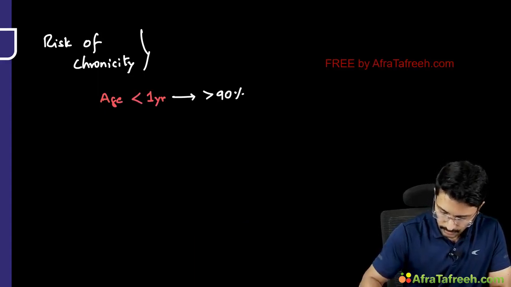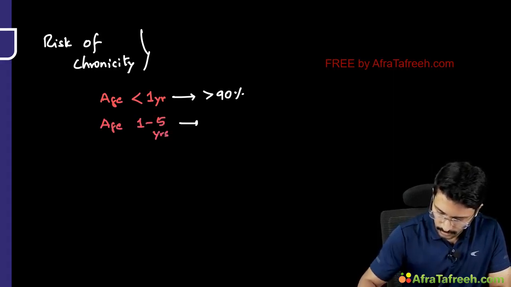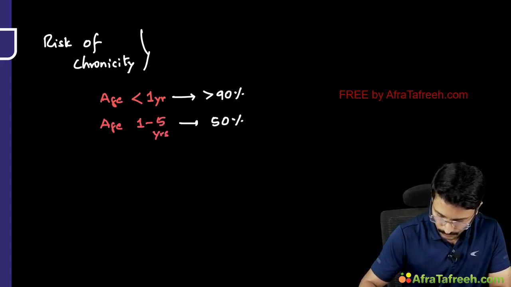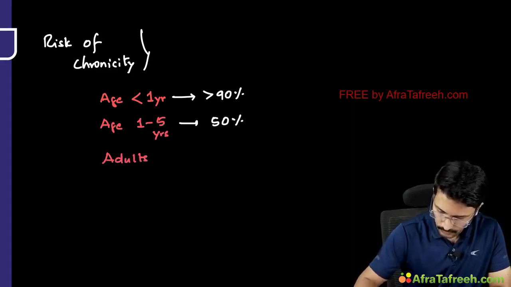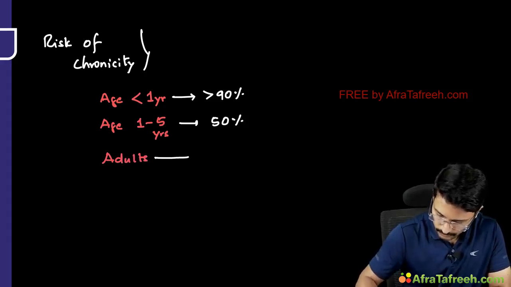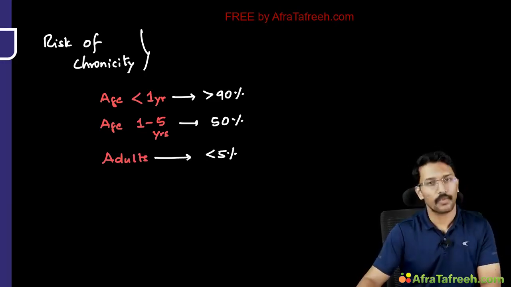Okay, when the age is in the range of 1 to 5 years, it is around 50%. Okay, and for adults or 18 plus, it is less than 5%, right?